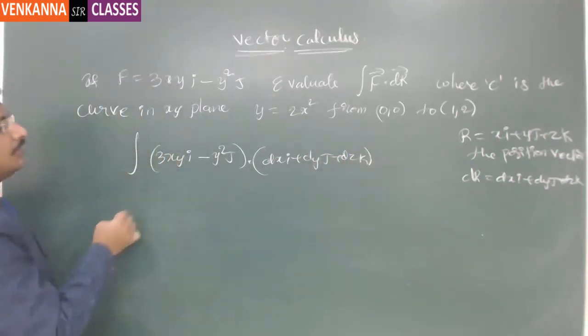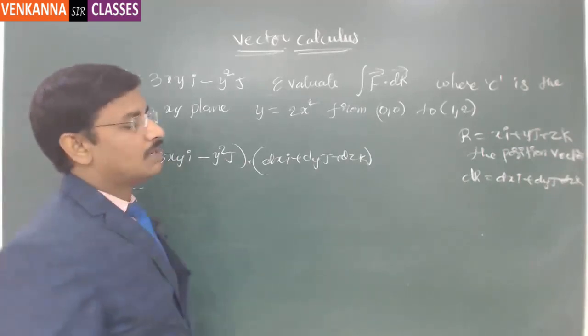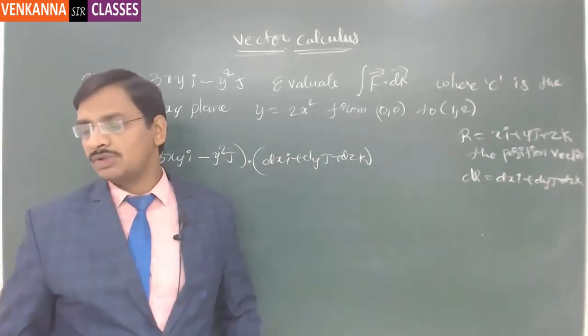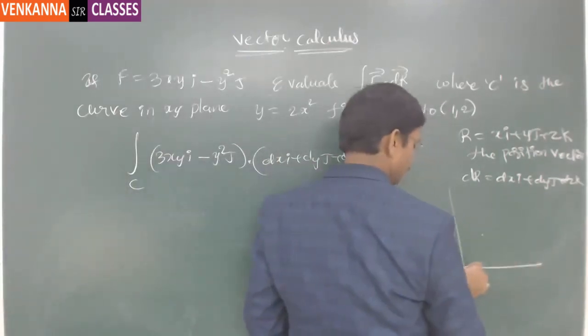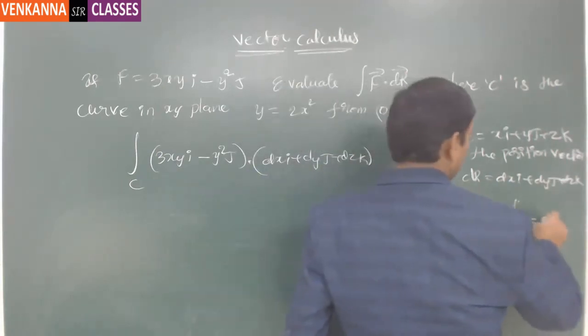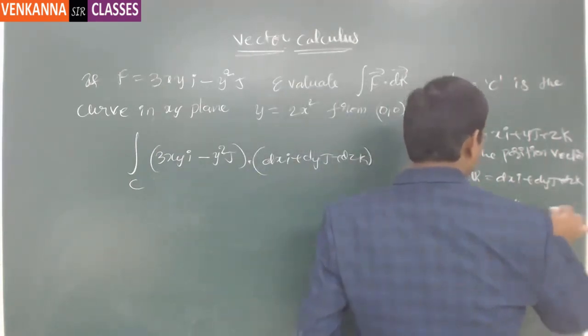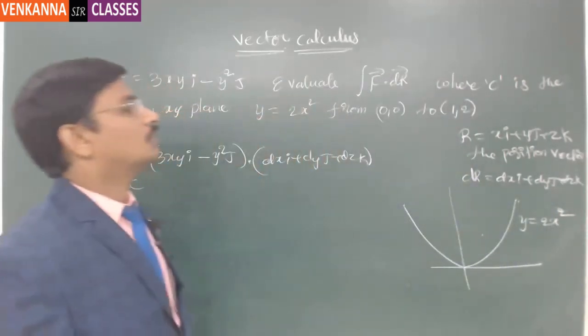So this is the integral over the contour C, where C is y equal to 2x square, which is nothing but a parabola like this. The curve varies from (0, 0) to (1, 2).